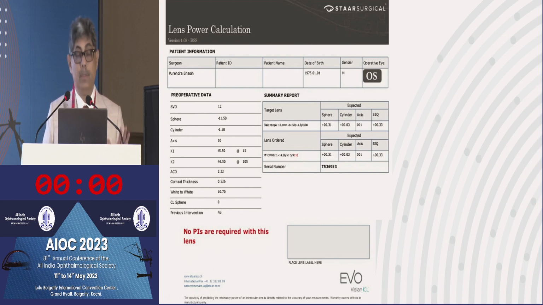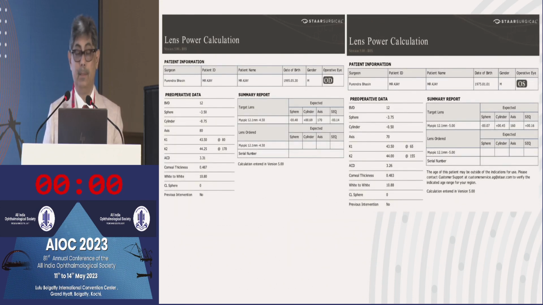And this is how it comes, and these are both the eyes of another patient. In this particular case, the corneal thickness was less, so that's why even in this low power of 3.5 and 3.75, we are doing an ICL.